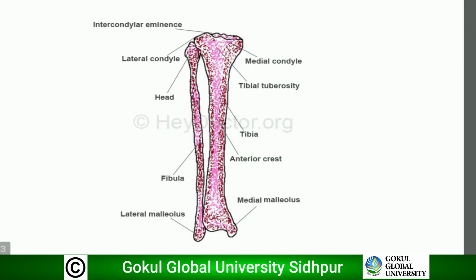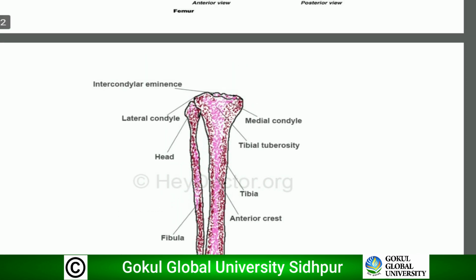In this diagram we can see the intercondylar eminence. Like that, in the hip bone there is the iliopubic eminence; wherever there is a projection, there we can use a term like eminence.